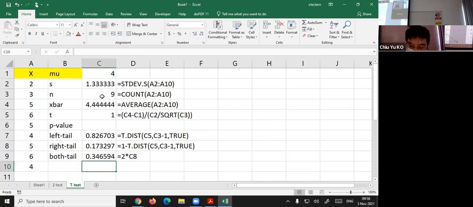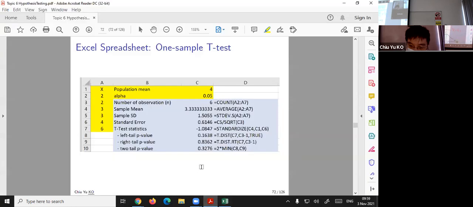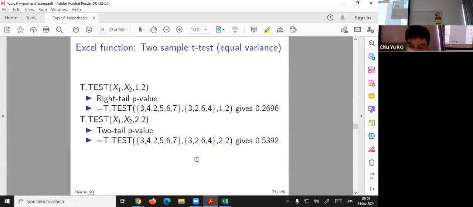If no, we want to show you the more interesting thing. I hope that's okay. So the more interesting thing is called T.TEST. The T.TEST by default is rather complicated.